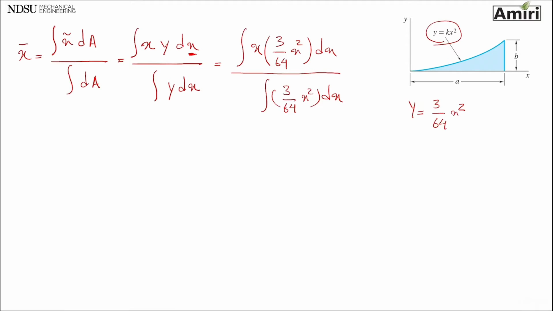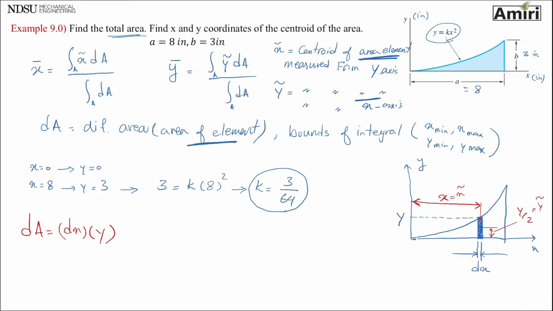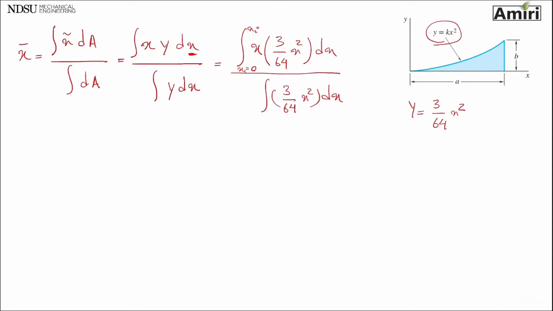What is the minimum x and what is the maximum x? In other words, this element is going to be starting from here and move all the way towards the end. So my x is changing from 0 all the way to x equals 8. So 0 to 8, 0 to 8. And I think I'm done here.